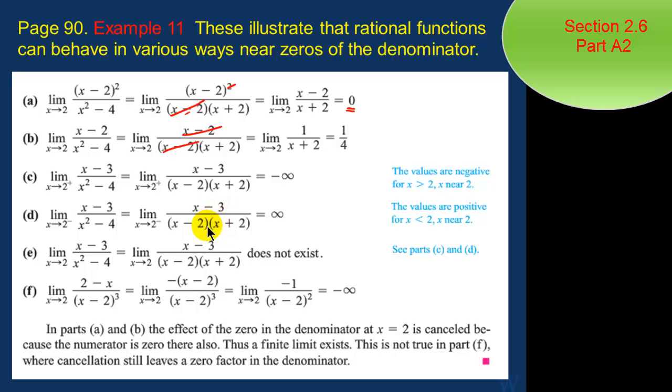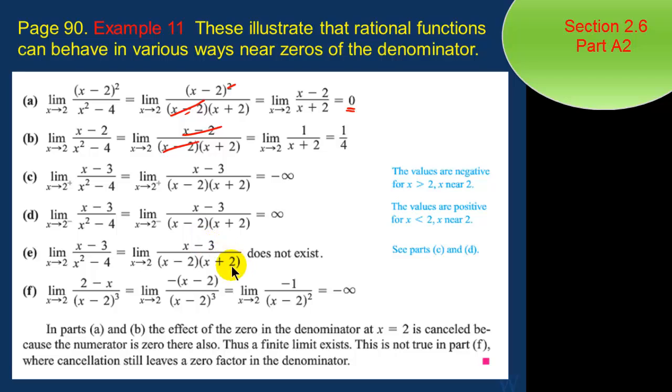So negative divided by negatively close to 0 will give us plus infinity. So based on C and D, we take the limit as x approaches 2, we say the limit does not exist, and here's when a vertical asymptote occurs at x equal to 2.